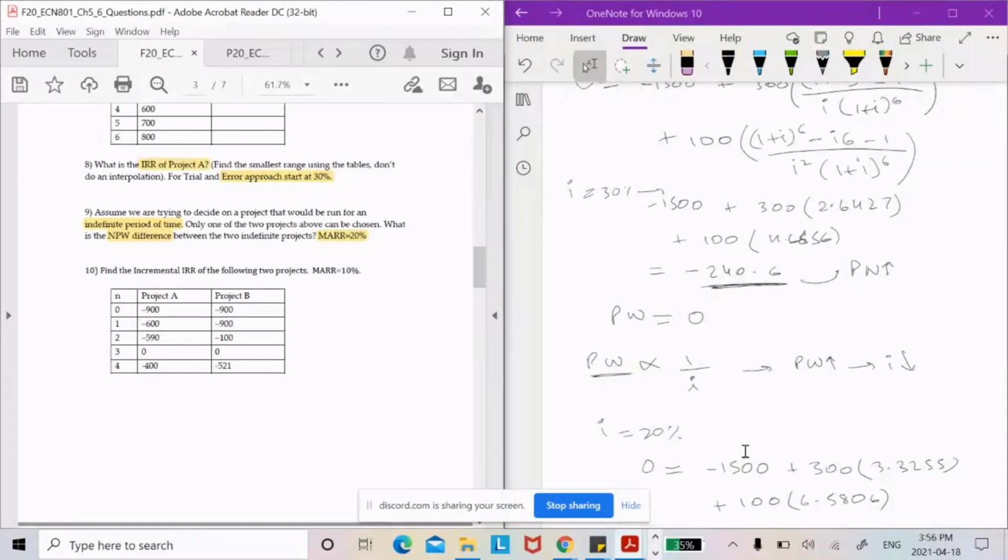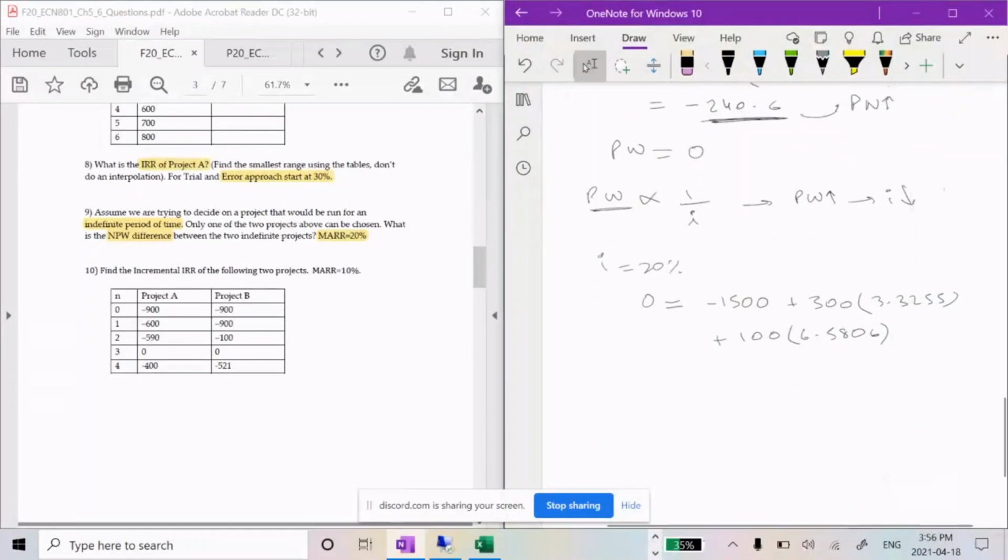You're heading in the right direction about checking 20%. 300 into 3.3255, plus 100 into 6.5806. Yeah, you get a positive value, my bad. You get this as 155.7. So now it's a positive value.